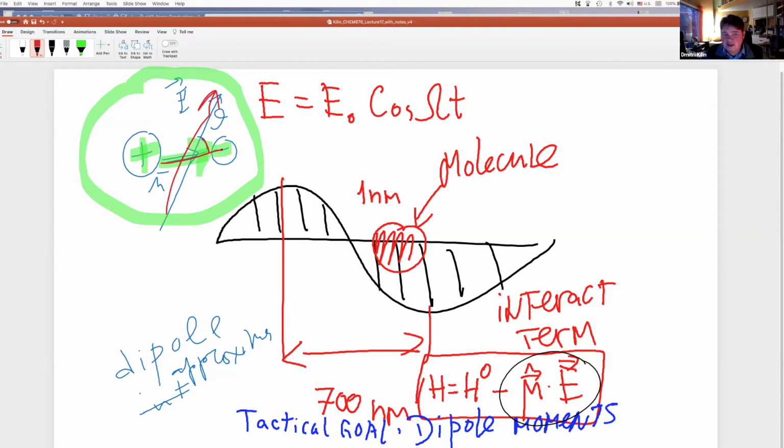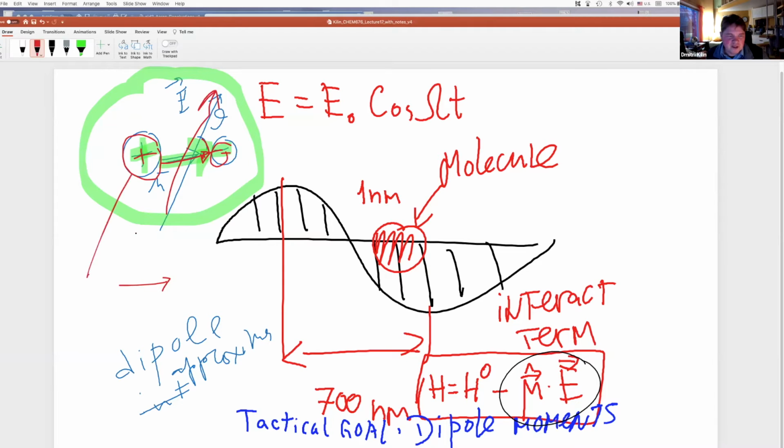So dipole is the line that connects positive charge with negative charge. And the dipole is equal to the length of this arrow times the amount of the charge.